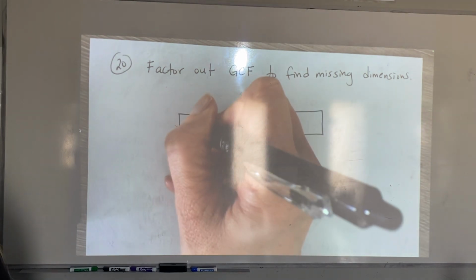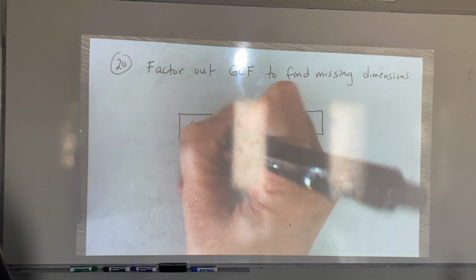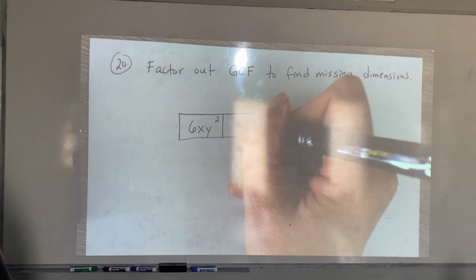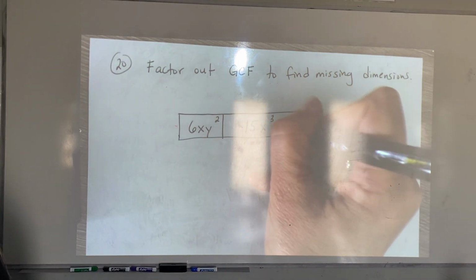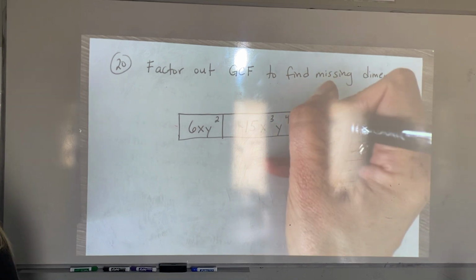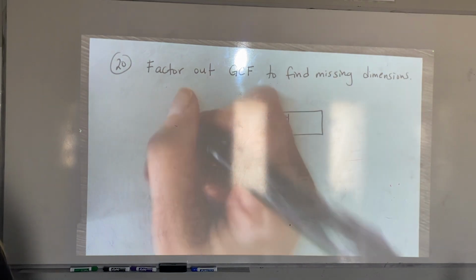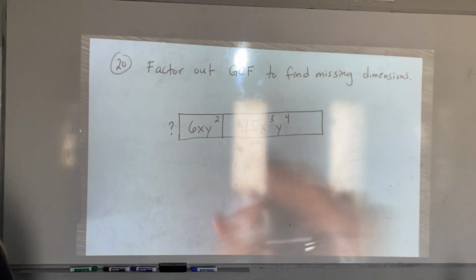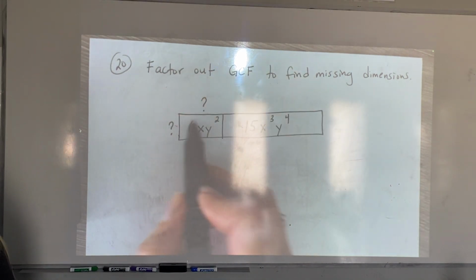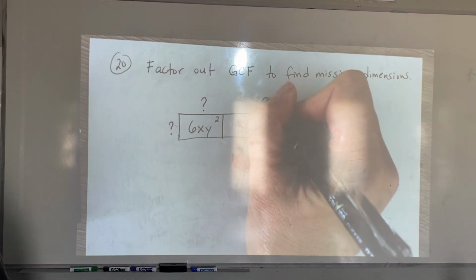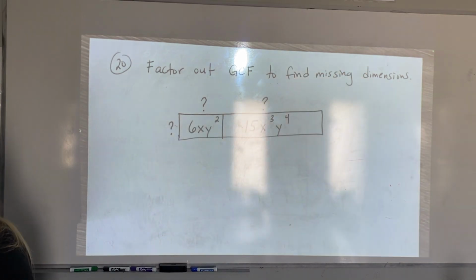One of the pieces has an area of 6xy squared, and the other has an area of 15x cubed y to the fourth. Then we have a missing width of the whole rectangle, and a missing length of the little rectangle, and a missing length of the bigger rectangle.